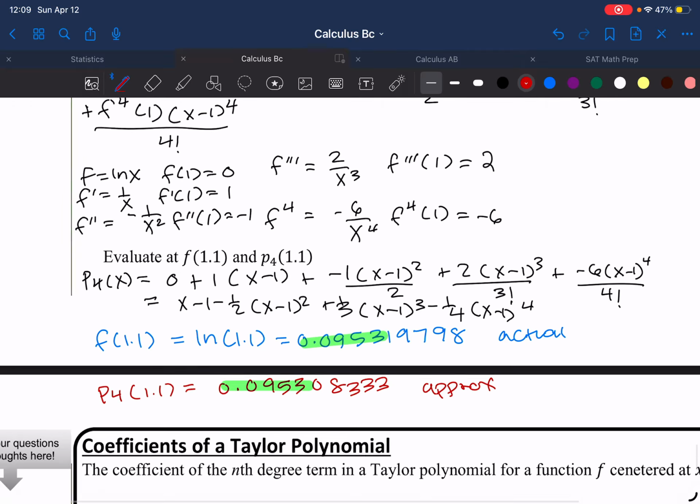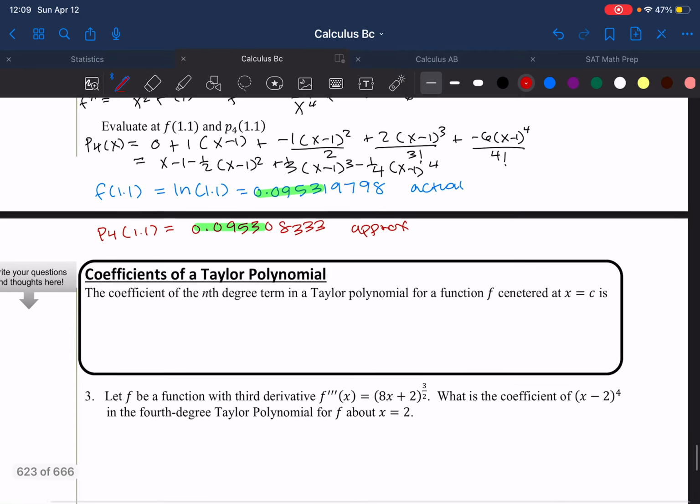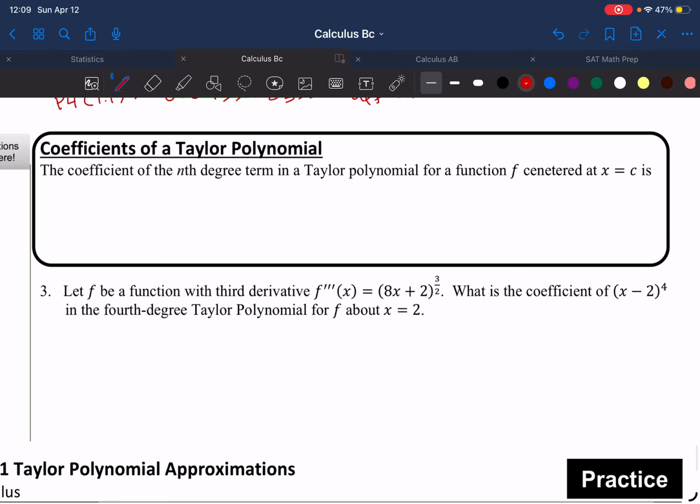So that leads us to the next part, which talks about the coefficient of a Taylor polynomial. It says the coefficient of the nth degree term in a Taylor polynomial for a function f centered at x equals c can be written as f of the nth derivative of c over n factorial.